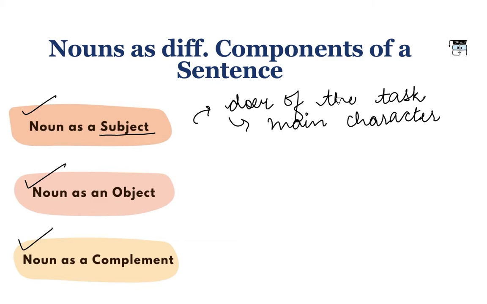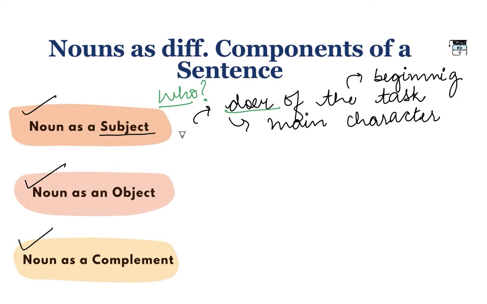Generally, this appears in the very beginning of the sentence, and it can be identified by asking the question who. Who did the task? Who is the doer?